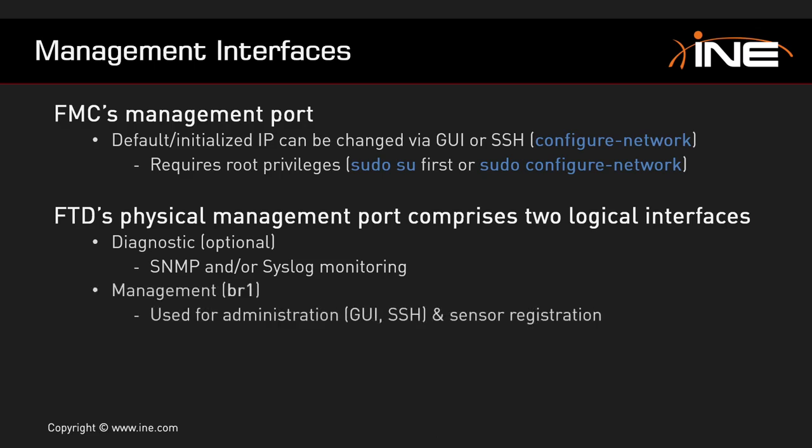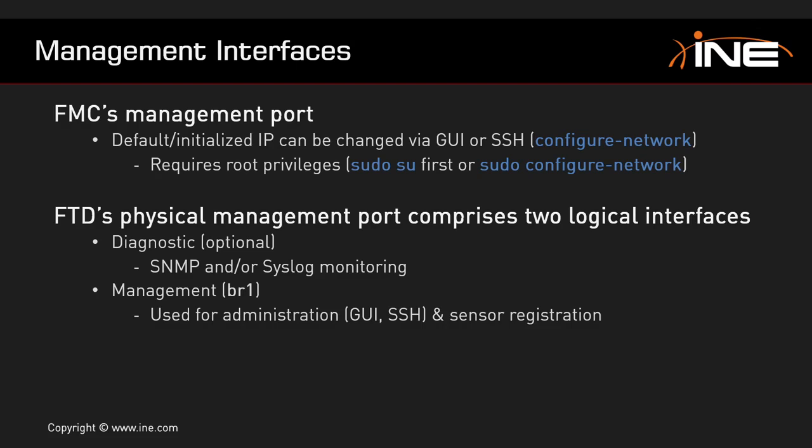And the other one, which is mandatory, is known as management. So the physical management interface actually consists of the diagnostic logical port and management logical port, where the logical management interface, as you can see here, is called BR1. And this is the most important of these two interfaces, because this is what we will use for administration.